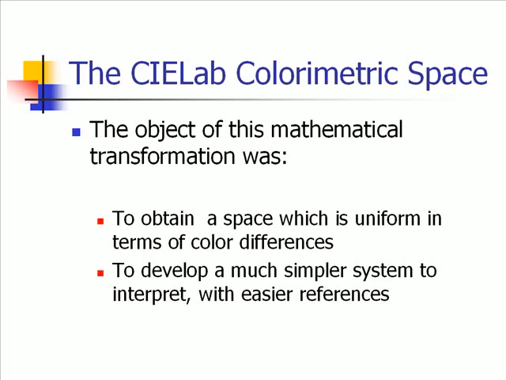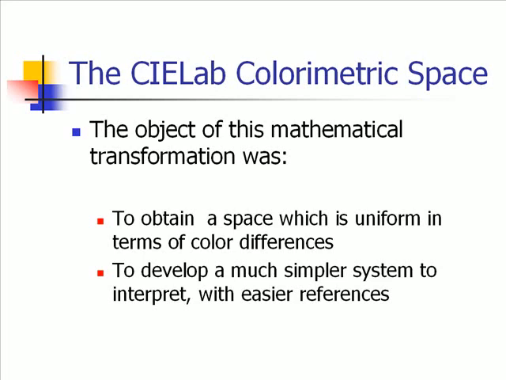So that's what they wanted to do to make it a uniform, linear diagram, so that the numbers you get from the system, and difference numbers are what we're really interested in, the difference between the two of them, should mean approximately the same thing visually. They also wanted to develop a much simpler system to interpret, which made more sense intuitively.